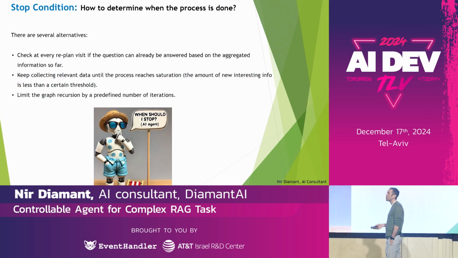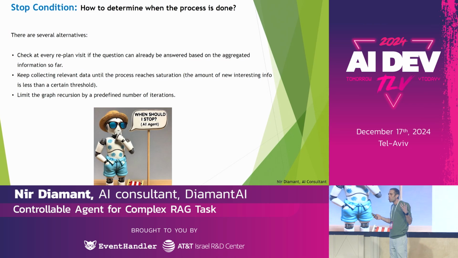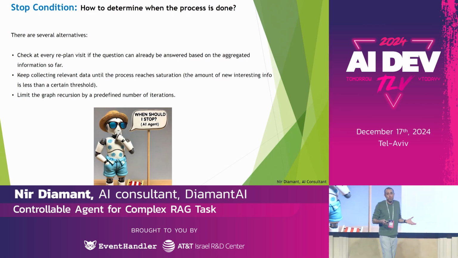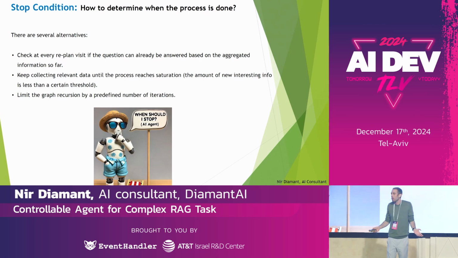Let's say, after 100 visits on different nodes, we can say, okay, probably either we can't get any more interesting information or we cannot answer the question. I could have asked this agent, based on the first book of Harry Potter, a question about the second book, and I actually wanted it not to answer correctly. So after 500 iterations, I say, okay, you just cannot solve it.